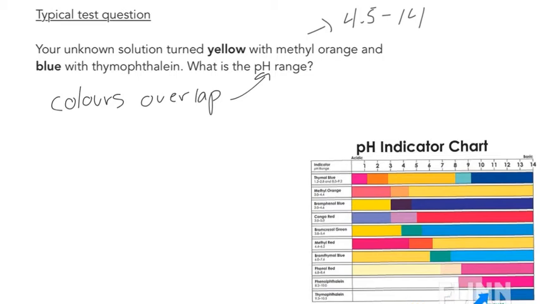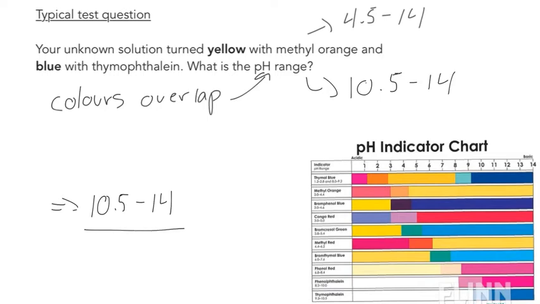So it is blue from this right over here, which is 10.5 to 14. So where do these 2 colors overlap? Well, they overlap at 10.5 to 14. And you see this right here has really narrowed down our pH range, and we know just from this answer right here that we have a strong base.